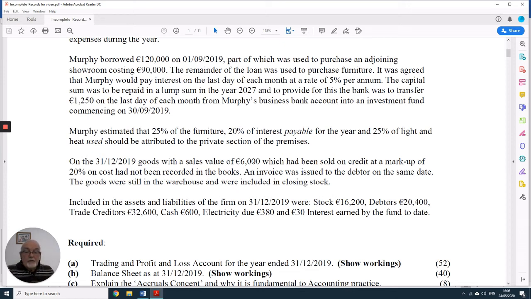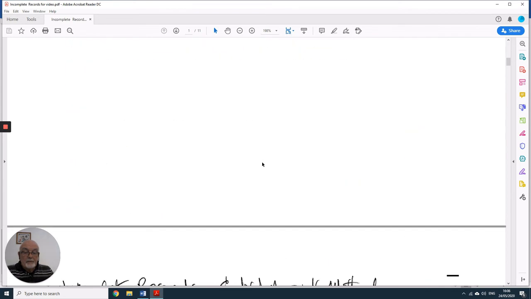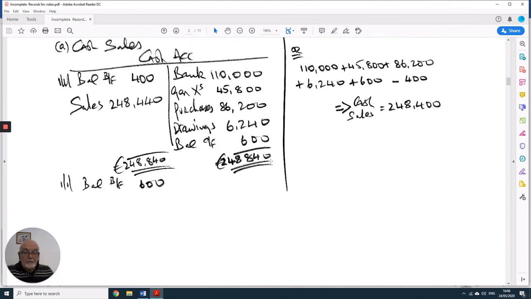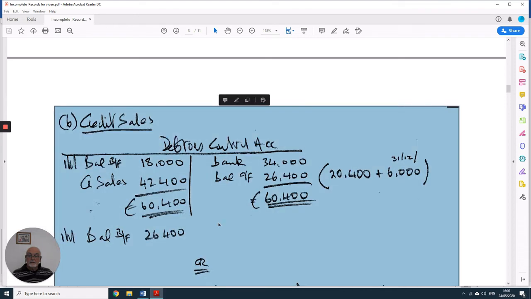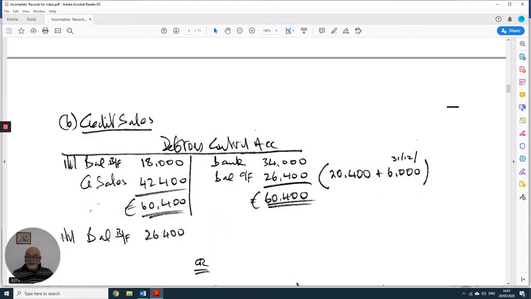So we're missing 6,000 from our debtors at the end of the year. Consequently, I changed the debtors figure from 20,400 to 26,400. The difference between the two sides must be our credit sales. That's our opening balance starting off next year for debtors of 26,400.